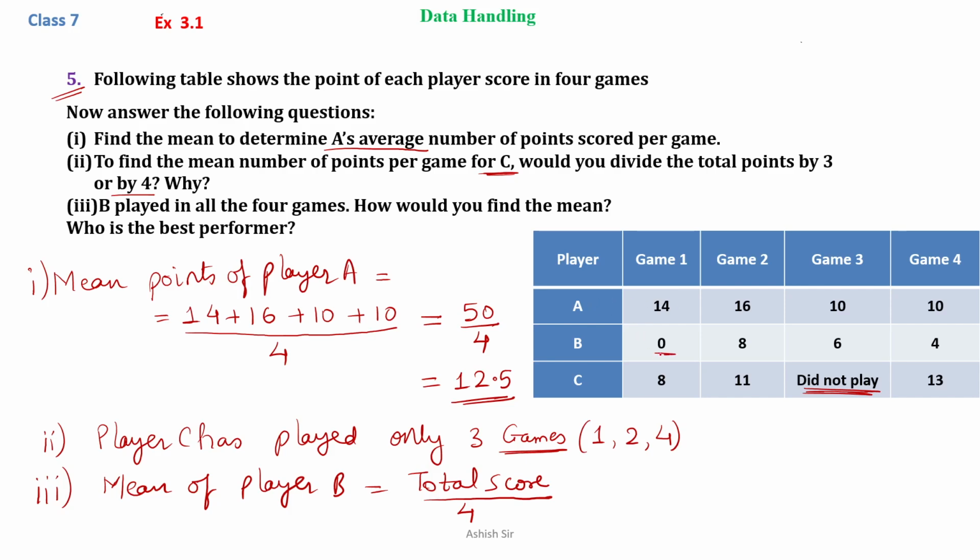In one of the games he scored 0, but he played. So we write down the total score 0 plus 8 plus 6 plus 4, divide by 4.